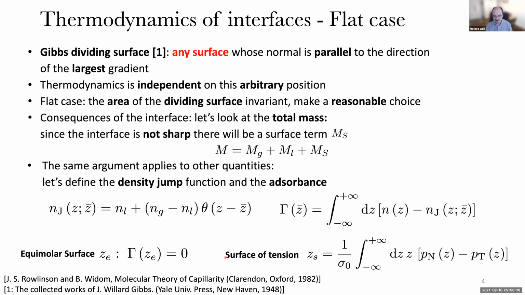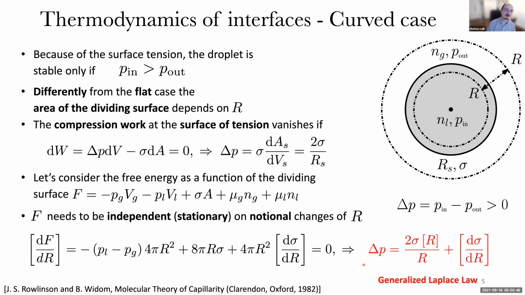Another possible choice is the surface of tension, which is defined for the flat interface as the first moment of the surface tension. That's how it's written. If there was no Z and no normalization, this would be exactly the surface tension. So one multiplies by Z and normalizes by the surface tension, which is why one says it's the first moment.